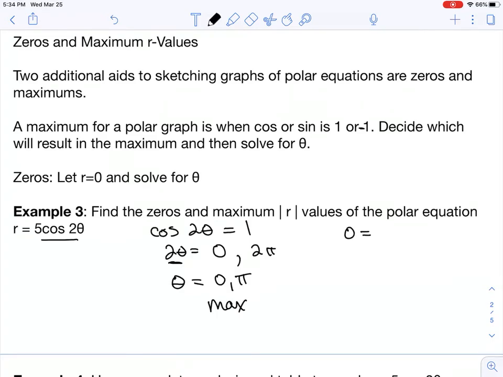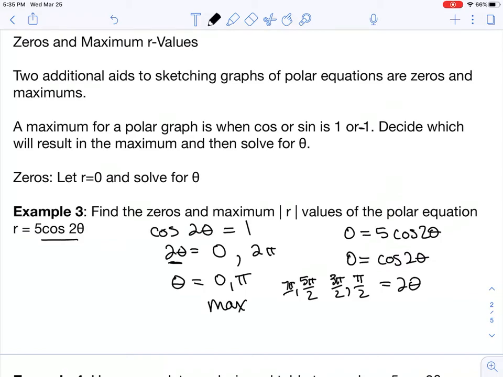Then if we set r equal to 0, we can find the zeros. 0 equals 5 cosine of 2 theta. And that's going to happen when cosine of 2 theta equals 0. And that's when 2 theta equals, okay, well, when is cosine 0? Well, at pi over 2 and 3 pi over 2 and 5 pi over 2 and 7 pi over 2.